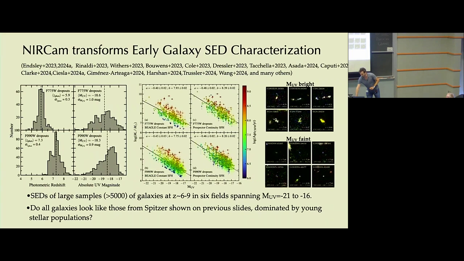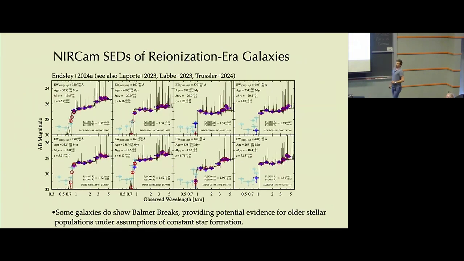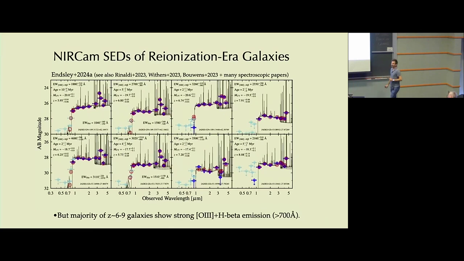So let's look at the distribution of SEDs we see in these data sets. We do see some objects that show Balmer breaks, providing potential evidence for older populations under the assumption of constant star formation. But indeed, many of these objects show really large equivalent width oxygen III and H beta emission, which, as I said, is a characteristic of these young populations.